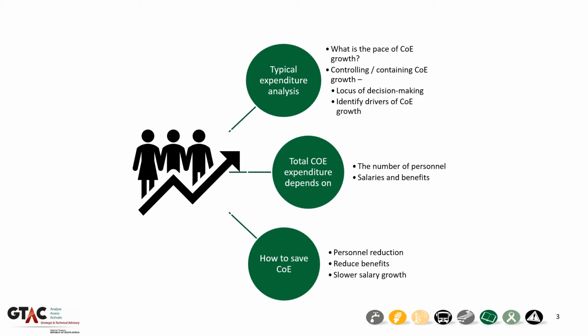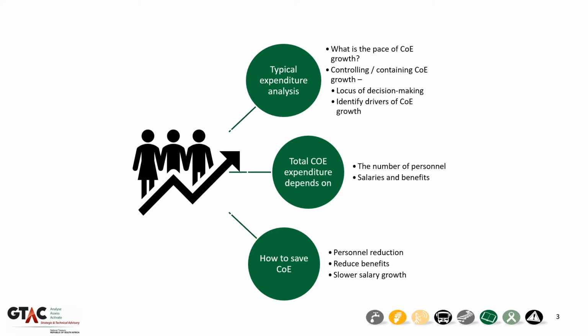Intuitively, we understand that compensation will be increased if we increase our establishment and or if we increase salaries and benefits. So, to slow down COE growth, we therefore have to control both the number of personnel and their salaries and benefits.